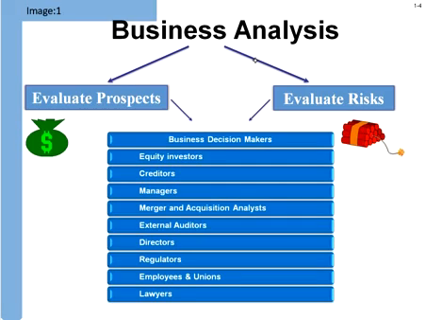Maksudnya dia macam dia akan evaluate pro and cons lah. So dia akan membantu dalam business decision makers, iaitu equity investor, creditors, manager, merger and acquisition analysis, external auditors, director, regulators, employees and unions, lawyers. Semua ni. So sebenarnya business analysis ni digunakan untuk decision makers sahajalah.